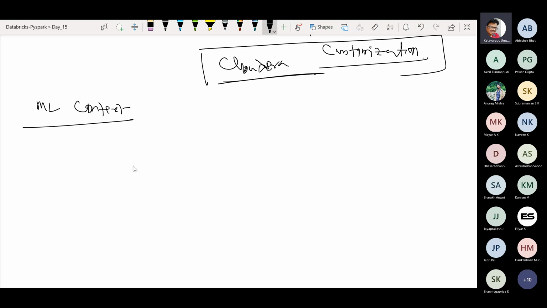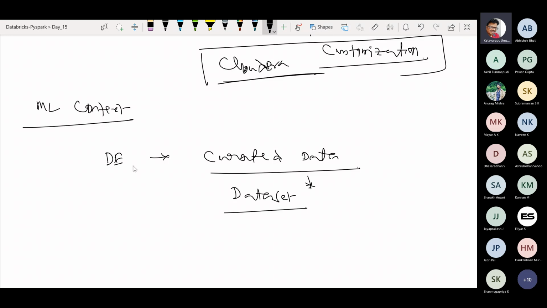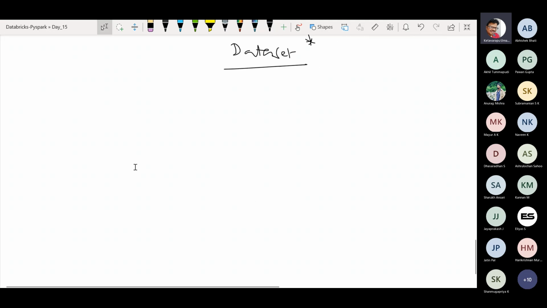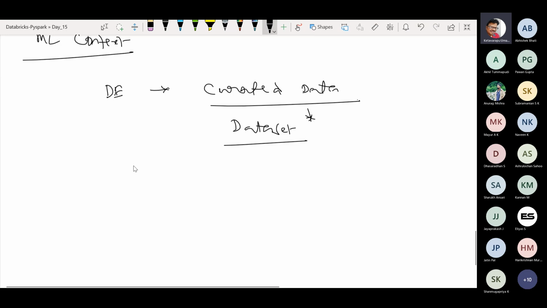If you are referencing the DE, from DE we are getting the curated data. Now we are quite handy with our data set, and we are pretty sure that our DE friends have done all the curation of the data. Now what you need to do is get this particular data and load it into our data frame.